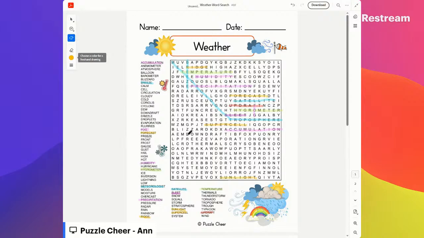Downdraft is horizontal in the row below accumulation. D-O-W-N-D-R-A-F-T, downdraft. And blizzard is right above downdraft. So we'll catch that one. B-L-I-Z-Z-A-R-D, blizzard.